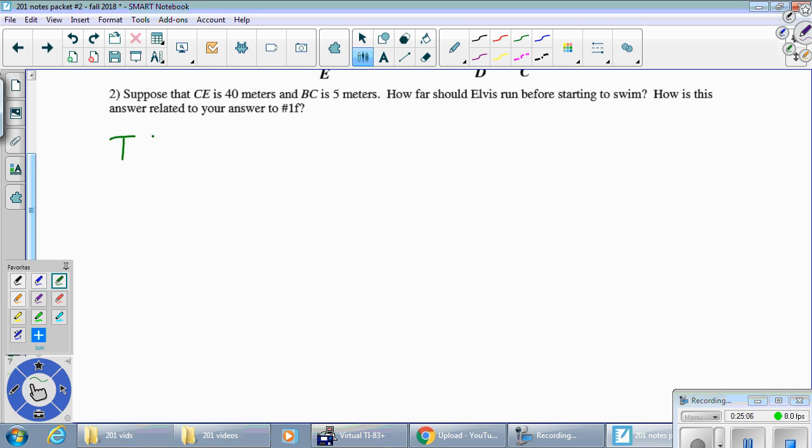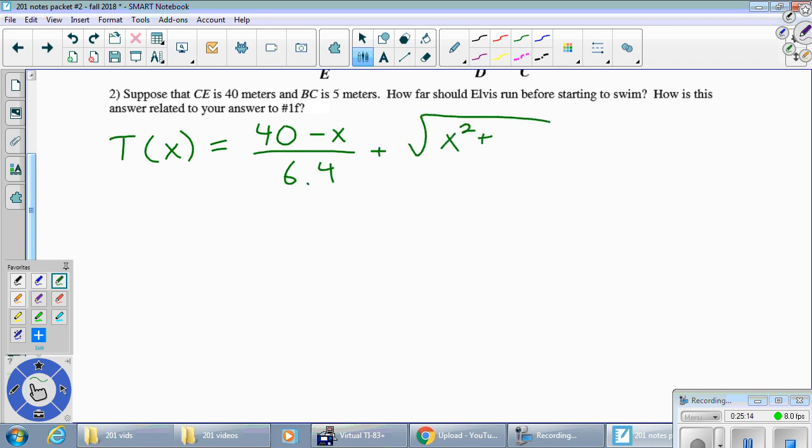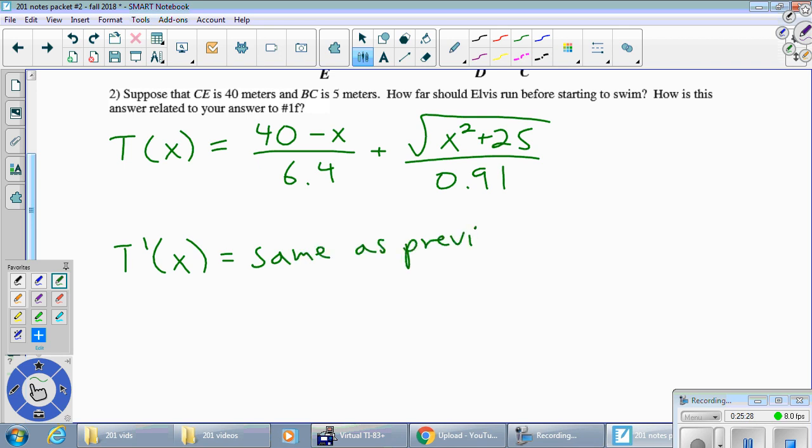This t of x function is 40 minus x, and everything else is the same. But when you take the derivative of this function, t prime equals same as previous page, which means that the optimal x is the same as on the previous page.